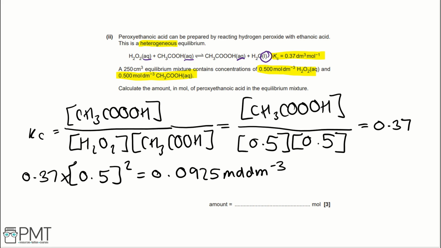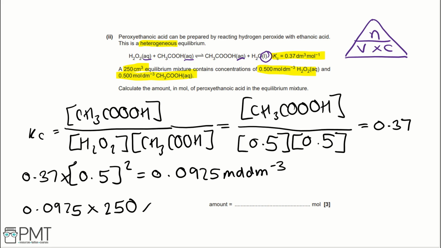If we're working out moles on its own, we would use our equation triangle, NVC. A way of remembering this is Nigel's very clever. And if we were to apply this, we would take the concentration 0.0925 and multiply by our volume, which is 250 centimeters cubed. We want it in decimeters cubed, so we times by 10 to the negative 3 or divide by 1,000.